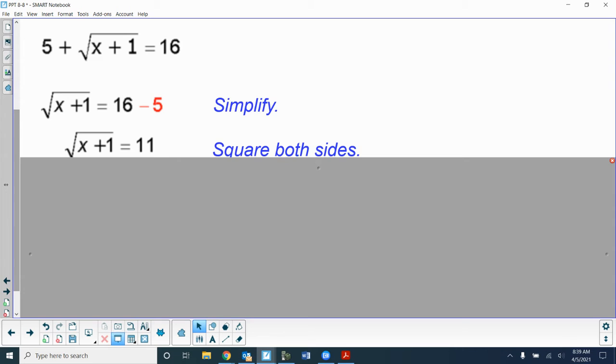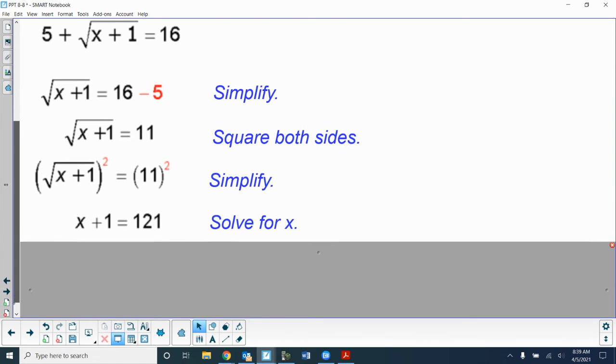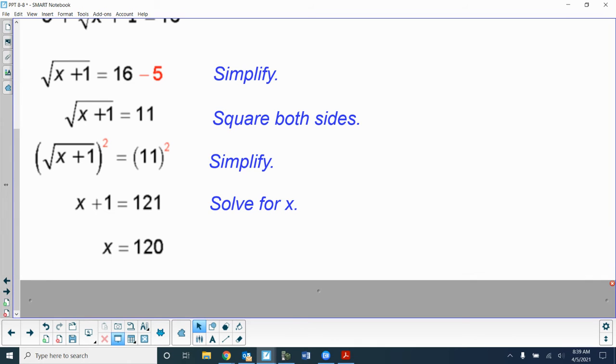What's the square root of x plus 1 squared? x plus 1, right? And what's 11 squared? 121. You guys are so smart. So what's my answer? 120. Subtract the 1. Simple, right? That makes sense?